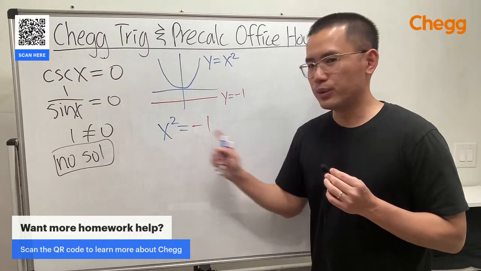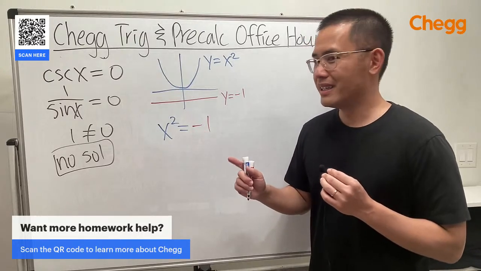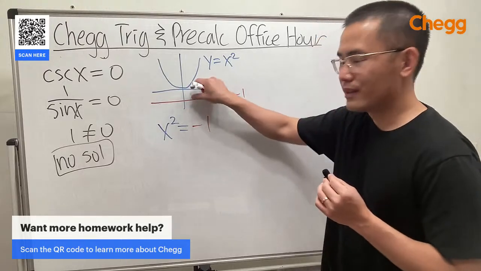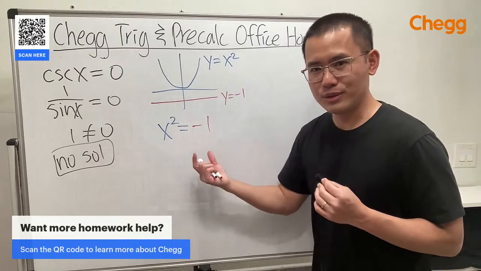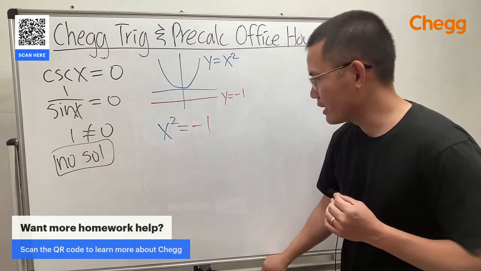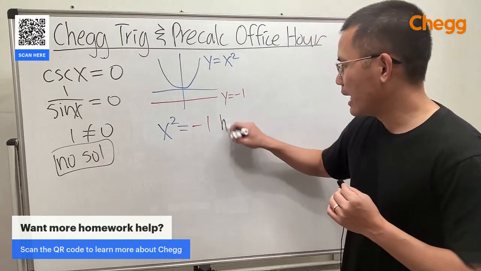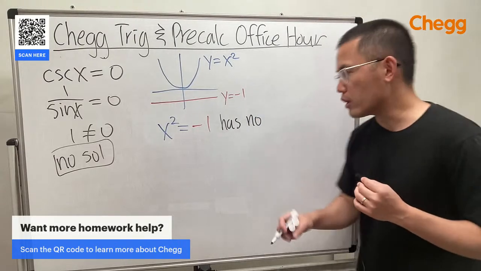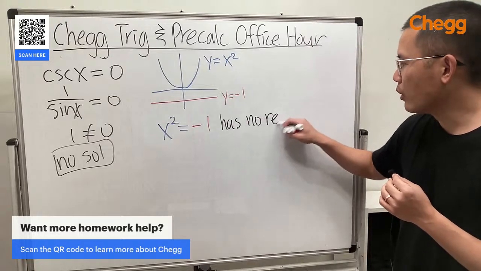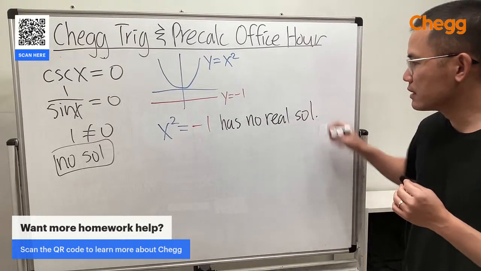The graphs don't intercept, right? So this right here is no solution. Yes, I'm going to write that down. This right here has no solution in the real world, so I would say has no real solutions.